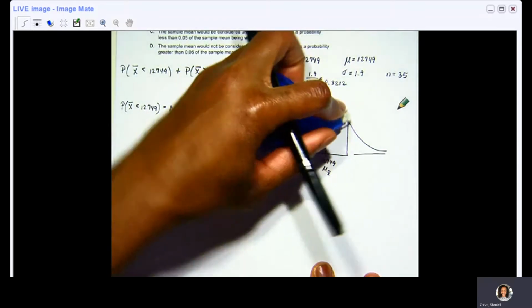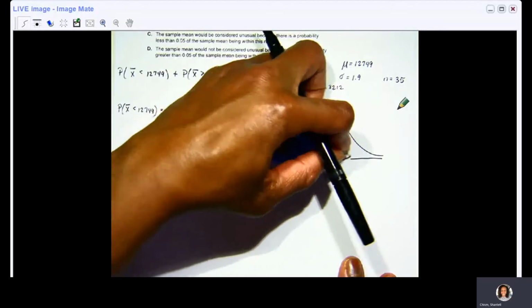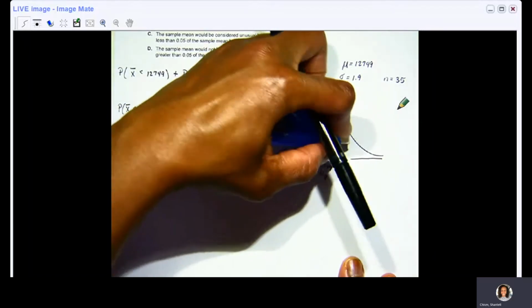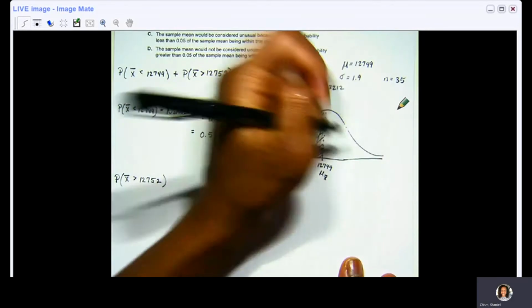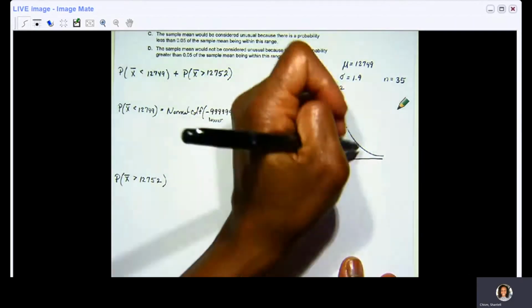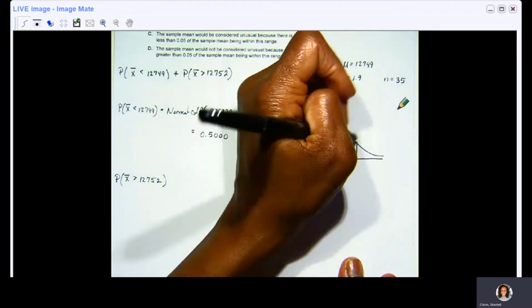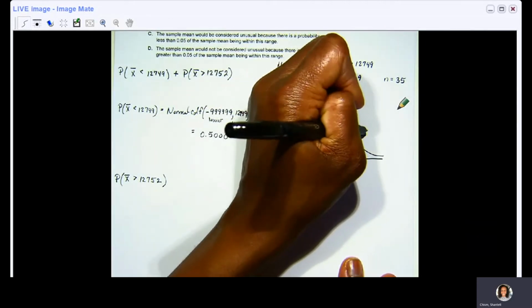Actually, I can go even farther with that if I wanted to. But your picture doesn't have to be perfect. But I'm going to go a little bit farther than that because it's not that big of an area. Not when your deviation is so small. That 12,752 means that's a really small little area. But your picture, again, doesn't have to be perfect. 12,752.